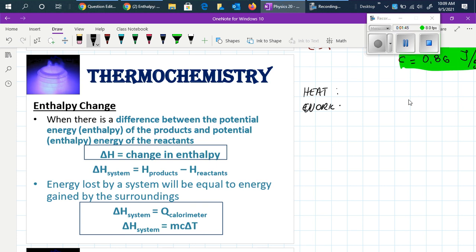So when an object is moving, the volume is increased or pressure is changing, then work is done on it. And heat, on the other hand, is the motion of atoms and molecules.